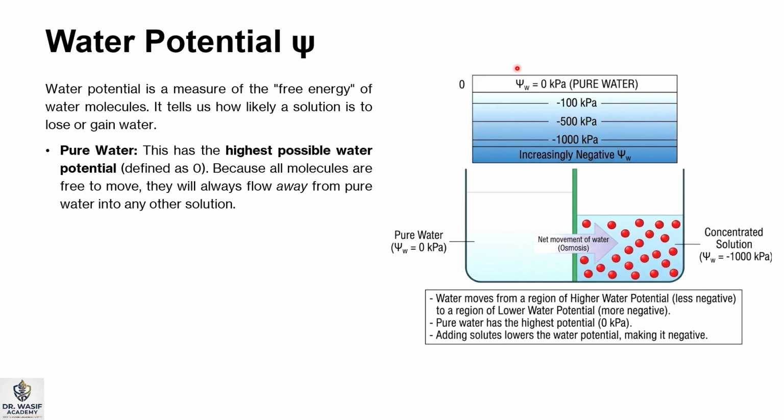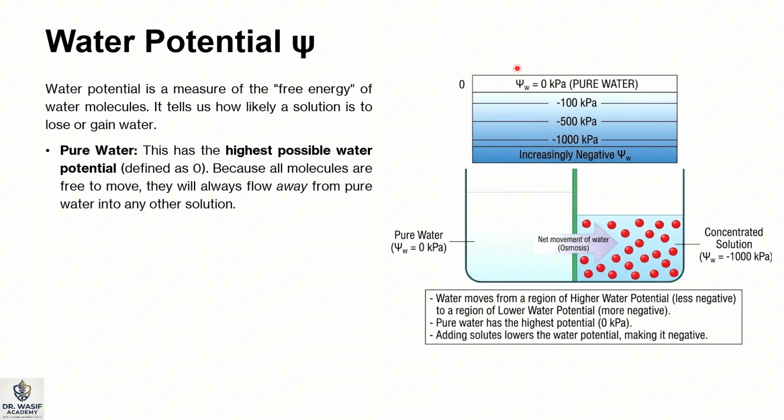So here is the golden rule: pure water has the highest possible water potential. You should be very attentive in listening to this lecture, because this is a bit different from the osmosis and diffusion process.